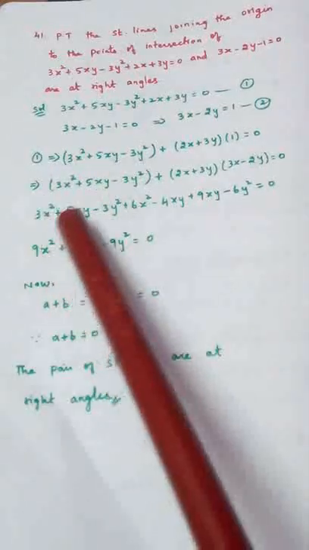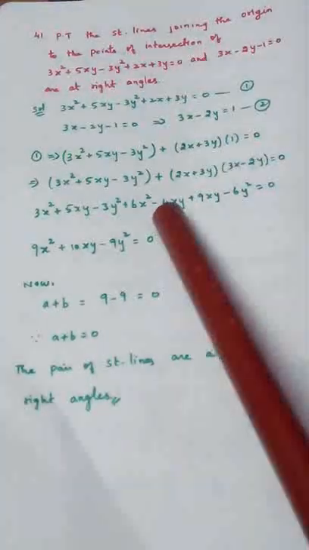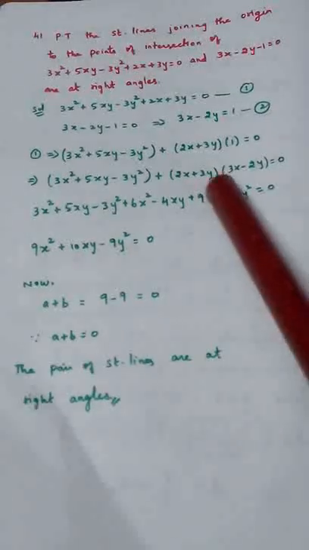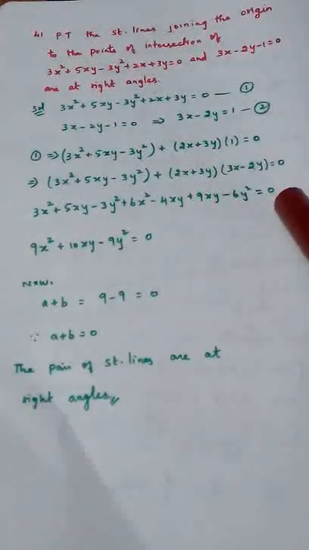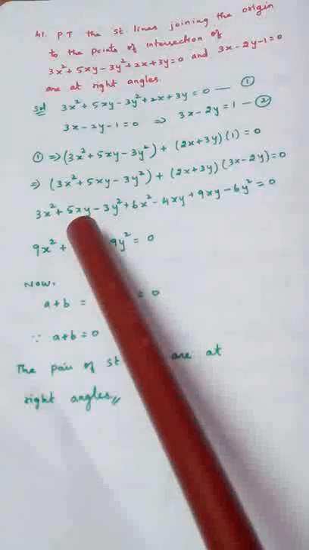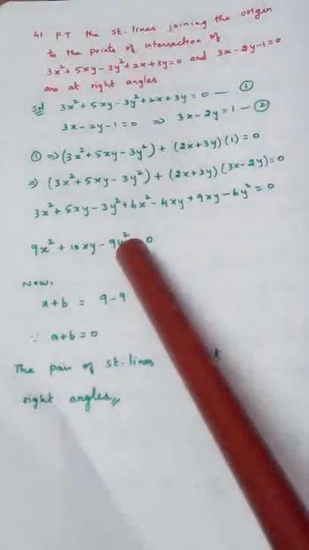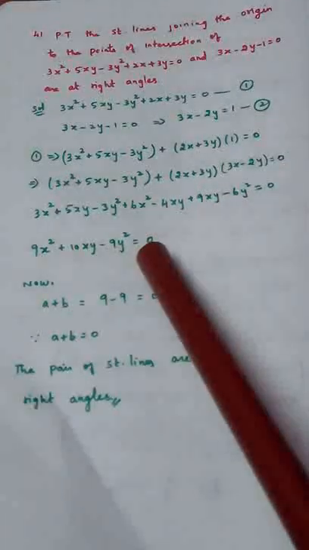The first 3 terms are written as they are. 2x into 3x, 6x square. 2x into minus 2y, minus 4xy. 3y into 3x, 9xy. Multiplying, you will get this. Now simplifying: 3x square plus 6x square, 9x square; 5xy plus 9xy, 14xy minus 4xy, 10xy; minus 3y square minus 6y square minus 9y square is equal to 0.